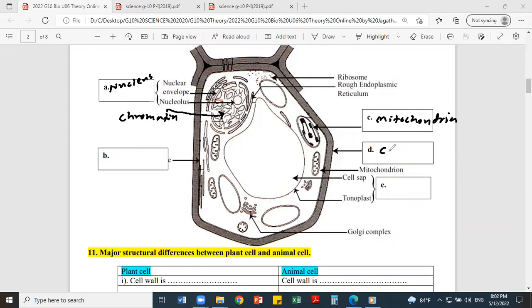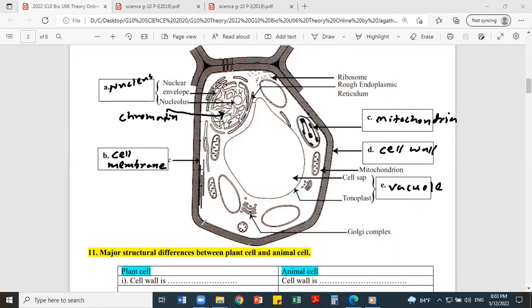In the plant cell, the outermost layer is called the cell wall. This is the cell membrane or plasma membrane. And this is called the vacuole.